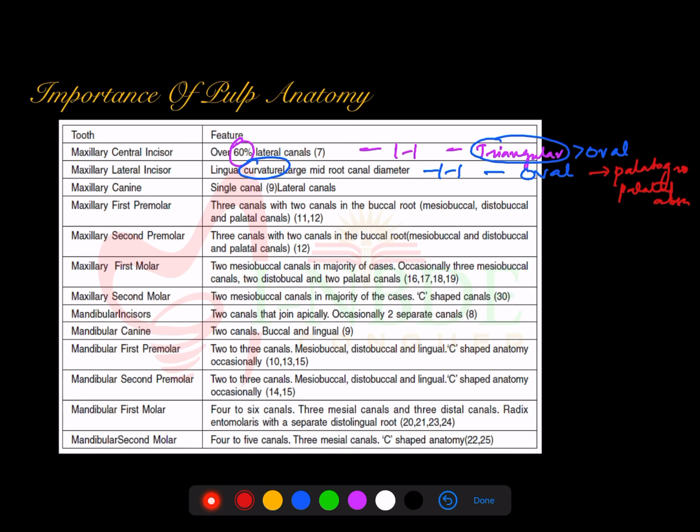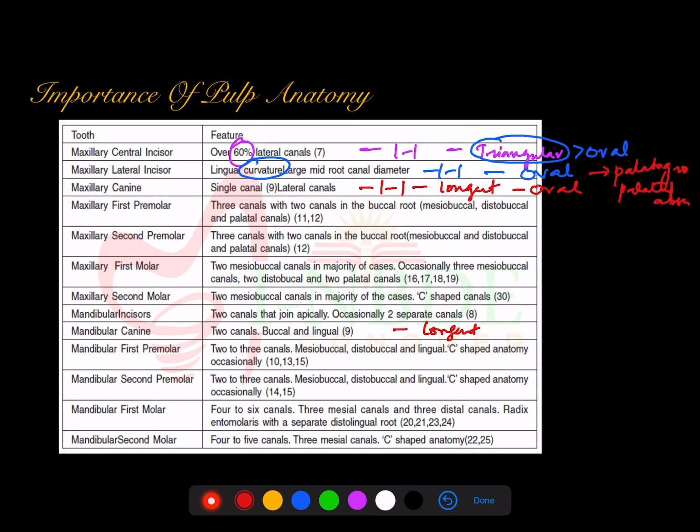The next is the maxillary canine. The maxillary canine is also mostly one root and one canal, and it is the longest. Your maxillary canine and mandibular canine are the longest teeth in the oral cavity. The cross section is oval.